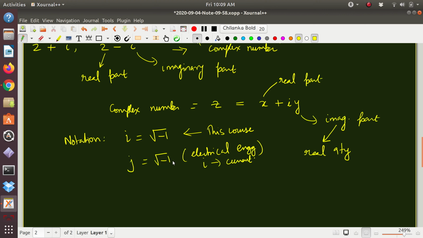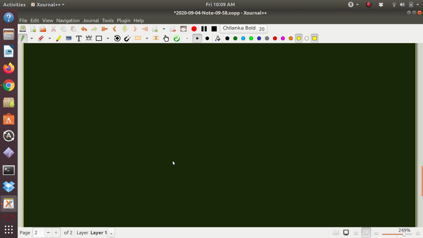Okay, so what is a complex number? Therefore, a complex number z is x plus i y. You can think of this as an ordered pair, because you have two components, real and imaginary.